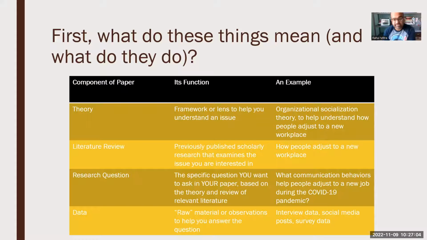Continuing with this example, the research question might be: what communication behaviors, since I'm a communication scholar, help people adjust to a new job during the COVID-19 pandemic? Suppose during your literature review and your theory, you found that there's a bit of a gap when it comes to the kind of adjustments people make to workplaces.